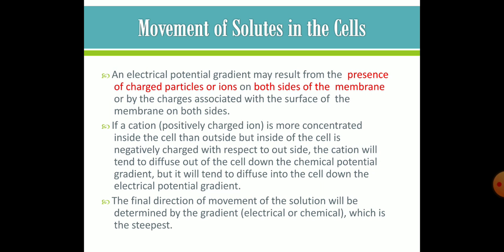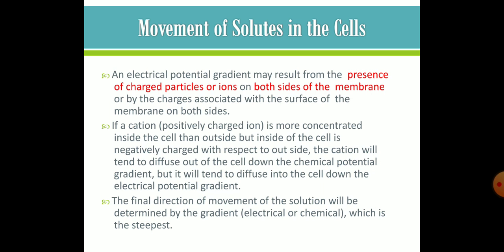The electric potential gradient may result from the presence of charged particles, that is the ions, on both sides of the membrane, or by the charges associated with the surface of the membrane on both sides.